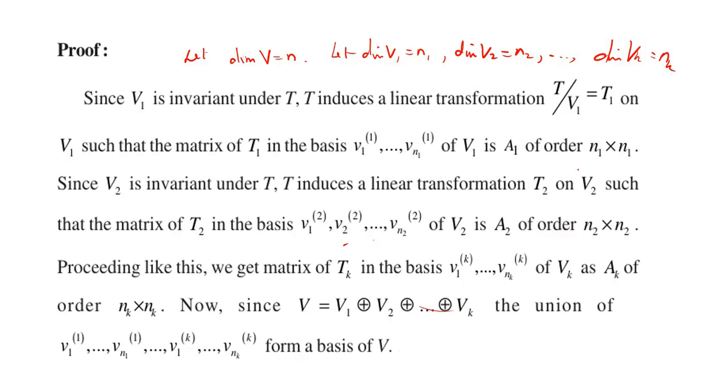Of order N1 cross N1 and so on, you have N2 cross N2, and in general Nk cross Nk for the last one. Now since V is the direct sum of these, the union of all these bases will form a basis of capital V.